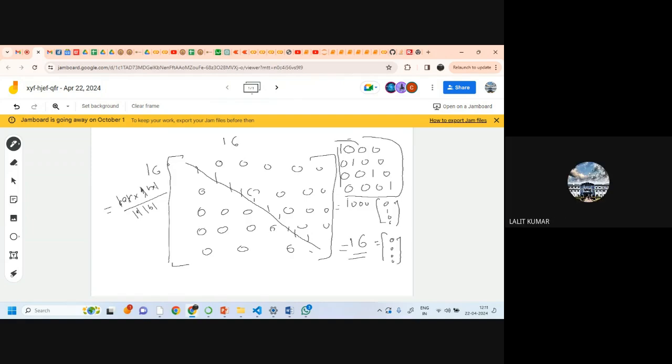Now when you extend this to 16, a word when multiplied with itself gives 1. With everyone else, it will give you 0. And that's why the sum will become 16.